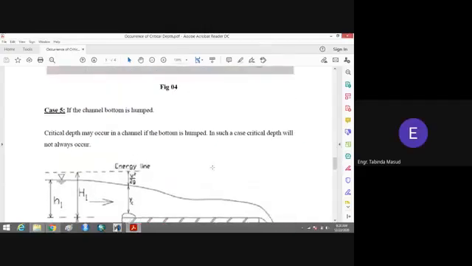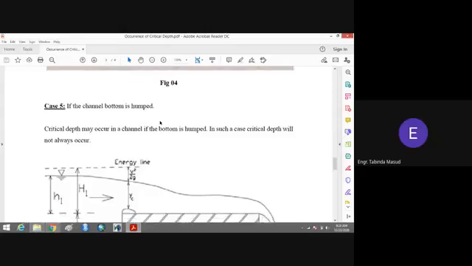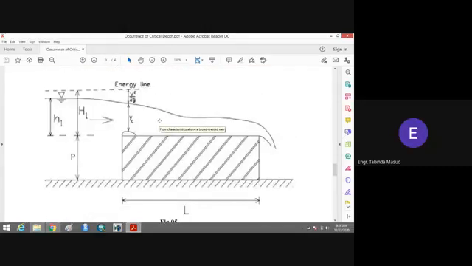Okay, case number 5, if the channel bottom is humped. Humped means that the channel bottom is raised. How can it be raised? You can raise the bottom of the channel by construction of a weir. Here you can see the side view of a channel. This is the bottom of the channel, and this is the weir over the channel.